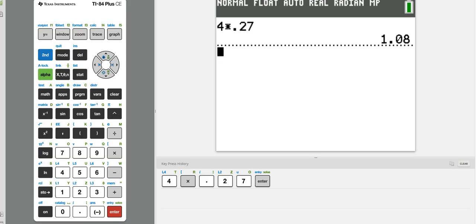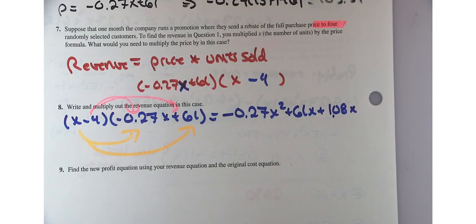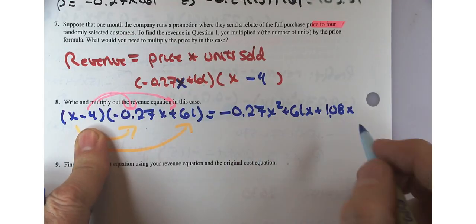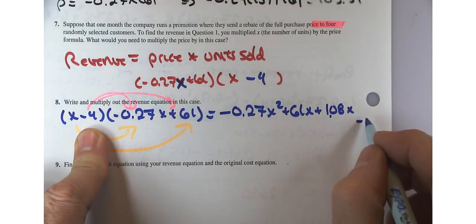But it's not just 1.08, it's 1.08x. And the last term is negative 4 times 61. Is that going to give me a positive term or a negative term? Negative. So it's going to be negative 244.